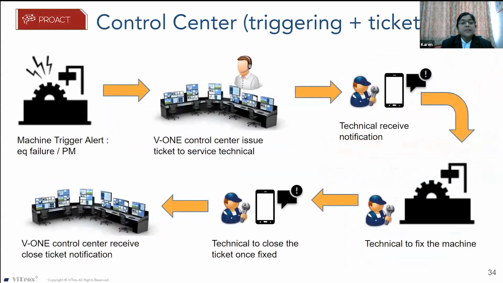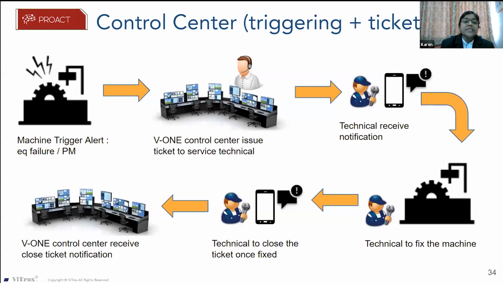Okay, talking about the control center, I think Sam has also covered earlier how a command center can control triggering and also ticketing for you. As an example I show here, when there are abnormalities in certain sensors, like maybe your temperature is high, or the power consumption is too high at particular equipment or machines, how could you control this? Your ticketing and triggering alerts will be very helpful for you to manage this.